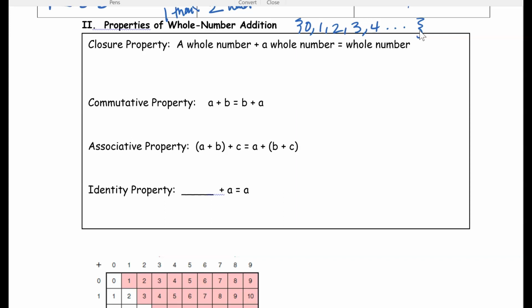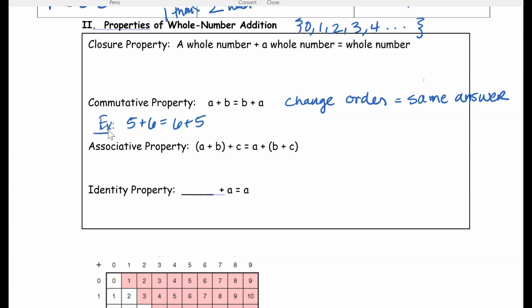So the commutative property just says that you can change the order when you add and you get the same answer. Now this doesn't work for every operation. If we subtract two numbers and change the order, we're not going to get the same answer, but it does work for whole number addition. So for example, 5 plus 6 is the same thing as 6 plus 5.